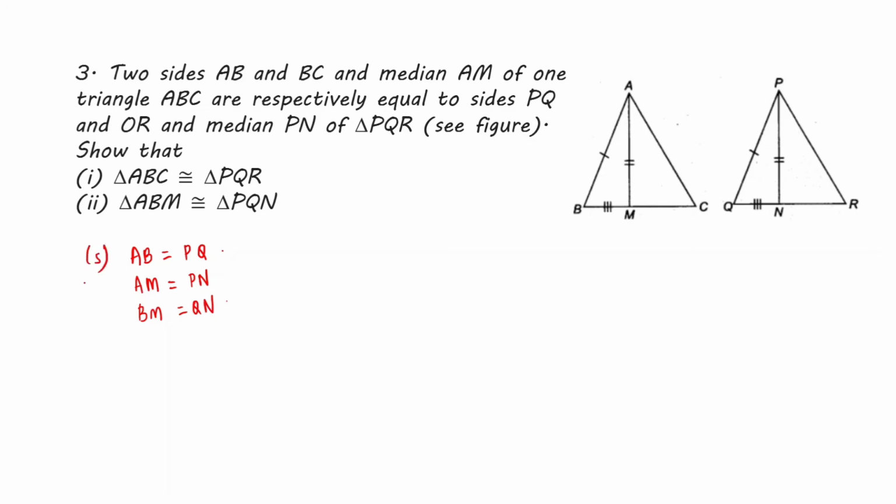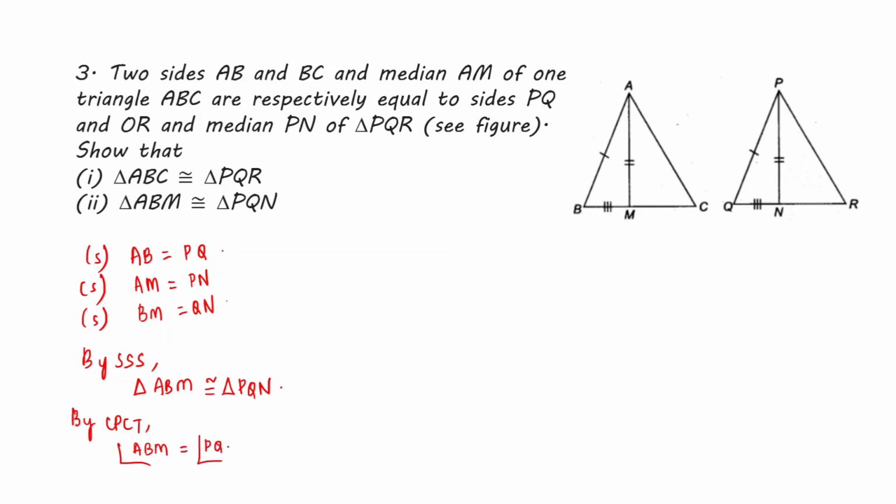Thus, side, side and side. Hence, by SSS congruency rule, we could say that triangle ABM is congruent to triangle PQN. So, by corresponding parts of congruent triangles, we could say that angle ABM is equal to angle PQN, which will be equation number 1.